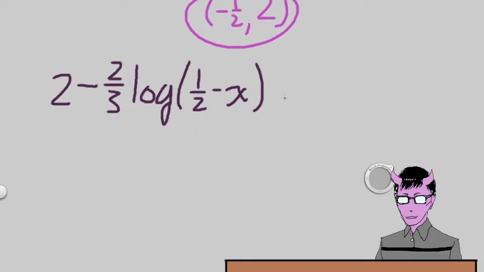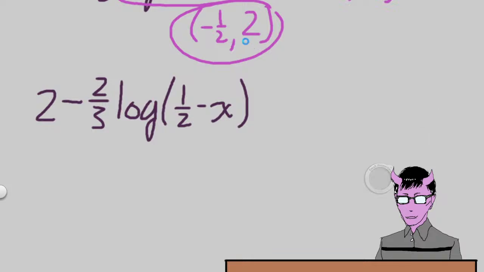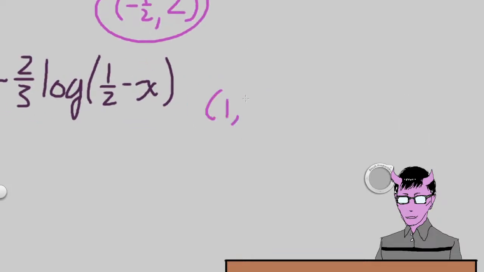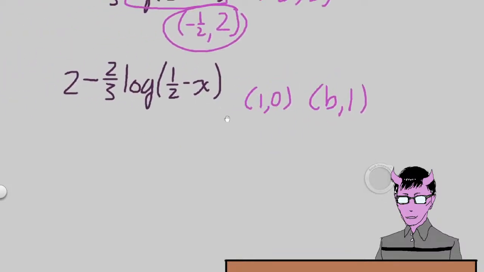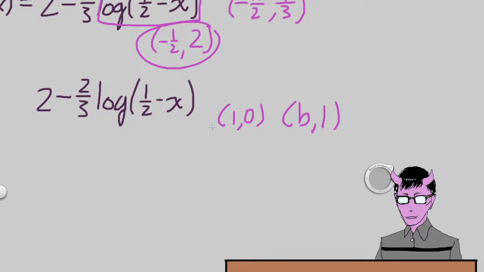Alright, but checking this one right here. Again, forcing the method. So we have 1, 0, and then we have b, 0, 1. What are we doing here? Base is invisible 10.